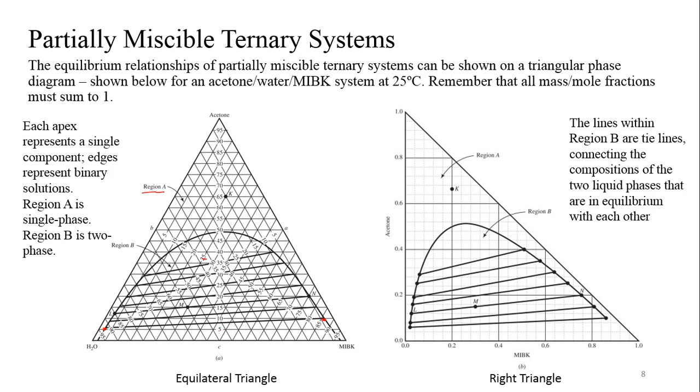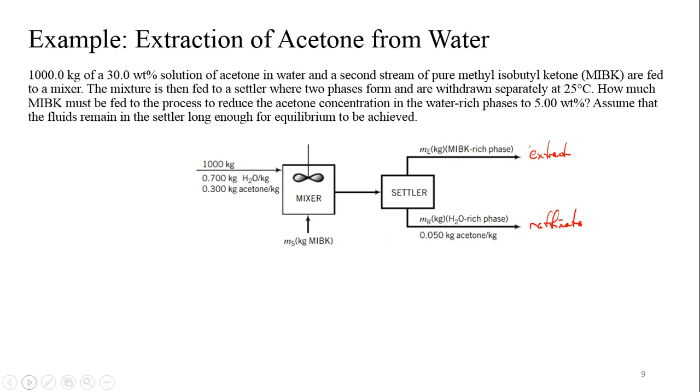Let's take that information and finish out the problem. At this point we can say that in this phase, this was 5% acetone, 93% water, and 2% MIBK.